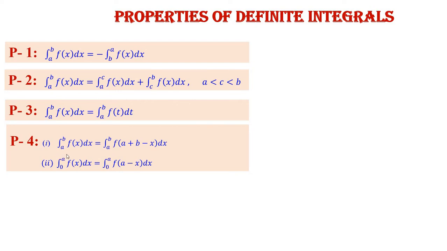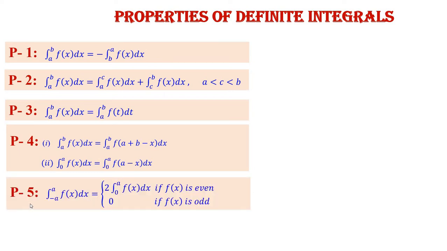In the first subdivision we have integral a to b f of x dx is equal to integral a to b f of a plus b minus x dx. And the second one is a particular case of this. Just by taking a as 0 and b as a, we get integral 0 to a f of x dx is integral 0 to a f of a minus x dx. In very many problems we'll be using this property.